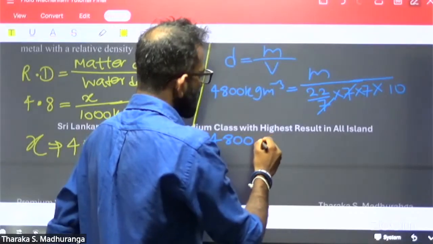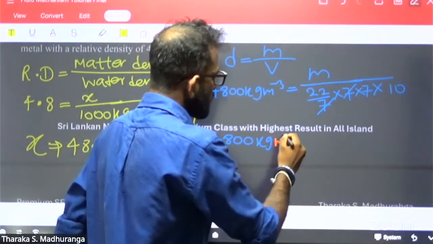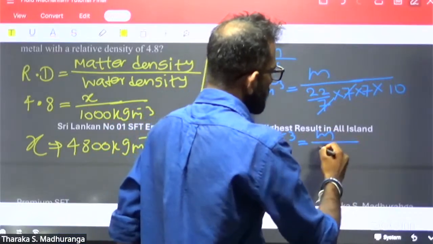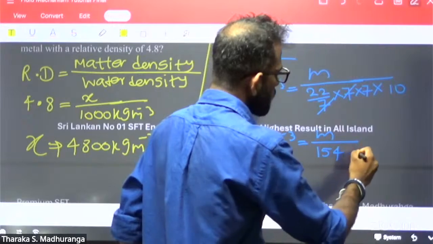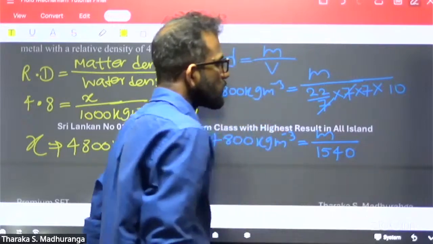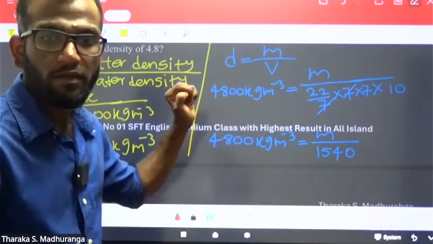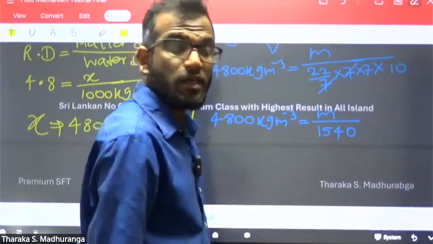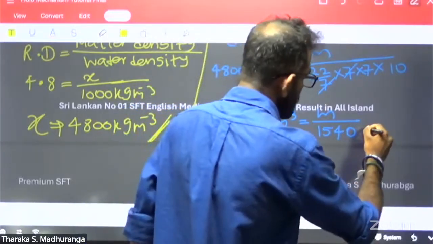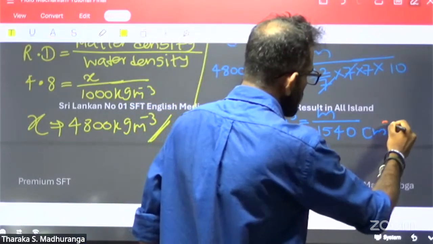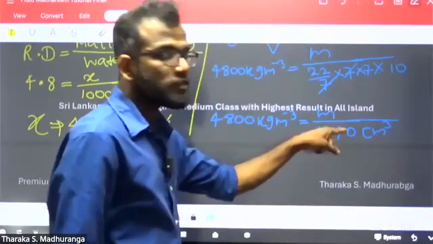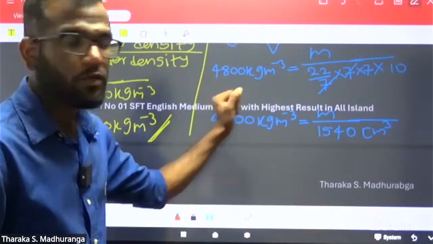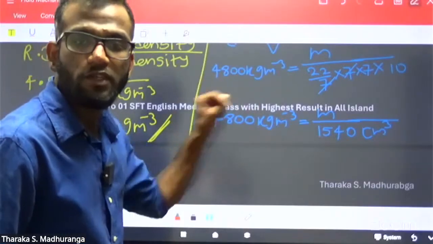4,800 kg m^-3 equals m over 154 multiplied by 10. But what is the unit of this value? It is cubic centimeter. Now again, this value you have to convert into cubic meter to get the answer, because the standard unit of volume is cubic meter.